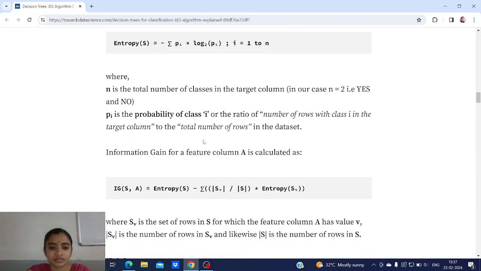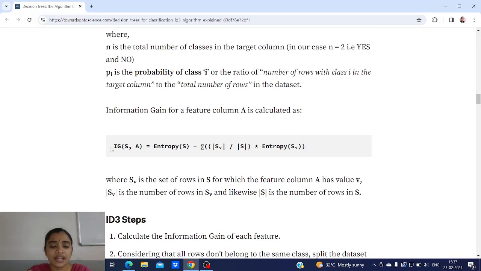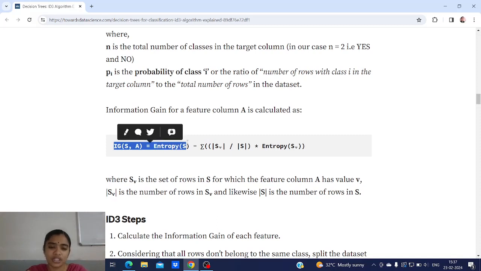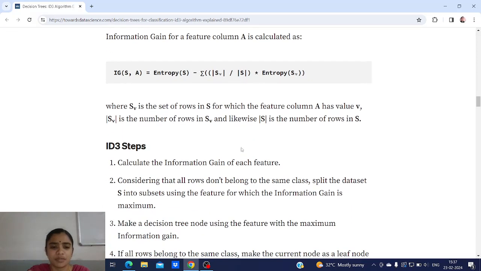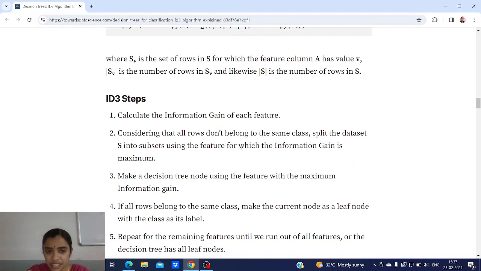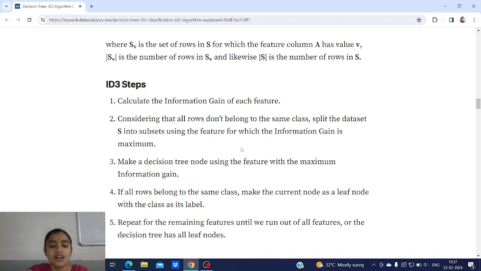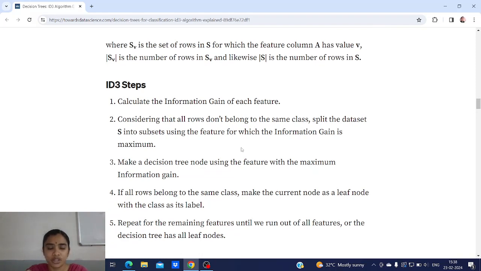Okay. And coming to calculating information gain. The information gain formula is entropy minus, based on a particular attribute, sigma of Sv by S into entropy of Sv, which is one step. So first, what are the steps needed to build a decision tree by using ID3? You have to calculate the information gain.